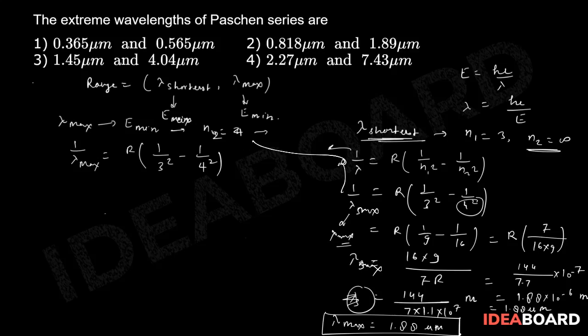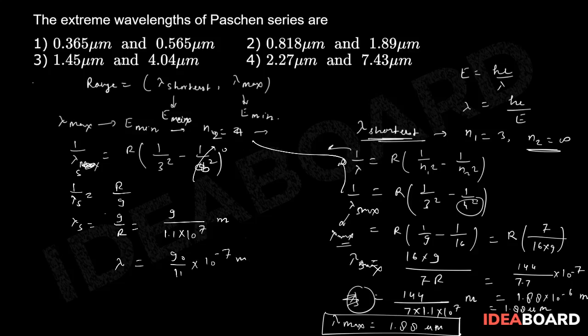So for lambda shortest, 1 upon lambda s, this will not be 4, this will be infinity. So this is 0. So this will be R by 9. So lambda s is 9 divided by R. So 9 divided by 1.1 into 10 to the power 7 meters, so this will be 90 by 11 into 10 to the power minus 7 meter.